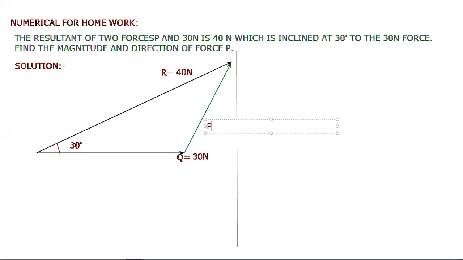Now we have assumed this force P. And now we have to find the value of this force P. Now here, which things we don't know? We don't know the angle made by this force with the horizontal. We also don't know this angle, an angle made by this force P with the x-axis.